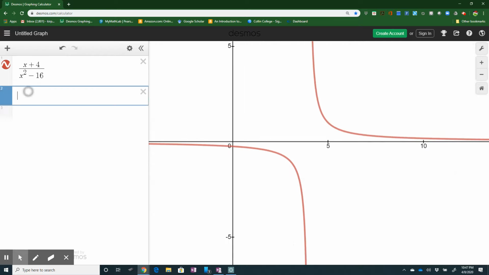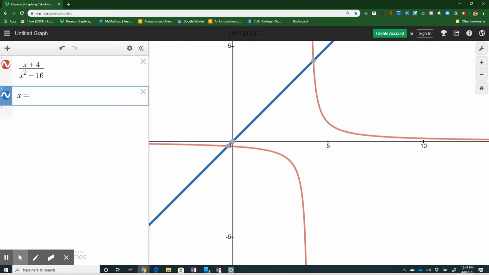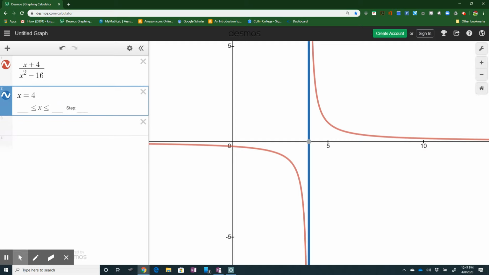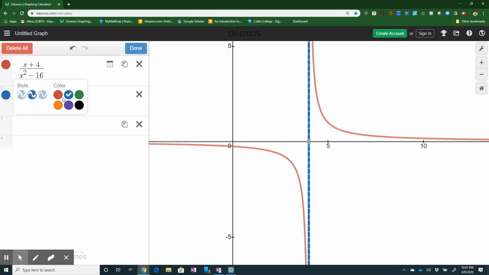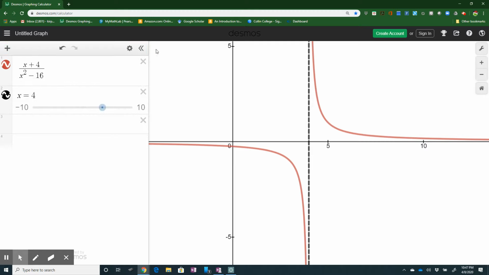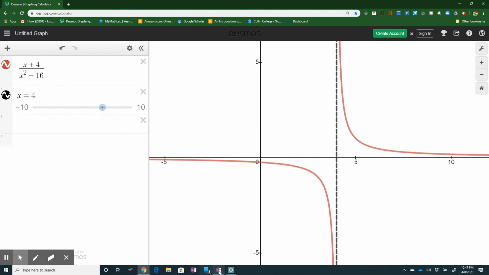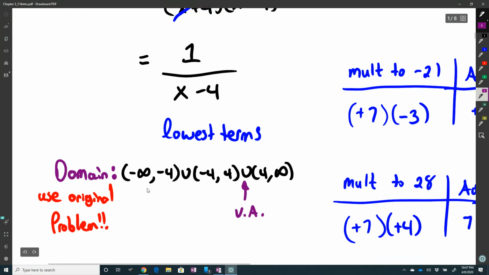Right? And notice that at x equals 4, we have a vertical asymptote. Okay? But the question is, if you look at the domain though, and if we're using the domain of the original problem, the 4 is the vertical asymptote.